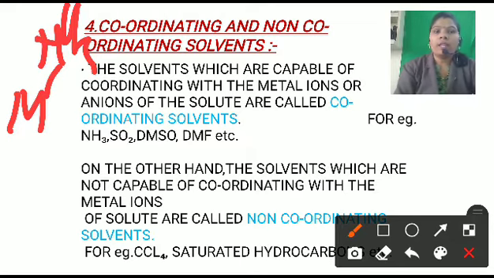On the other hand, the solvent which is not capable of coordinating with the metal ion of the solute is called a non-coordinating solvent.